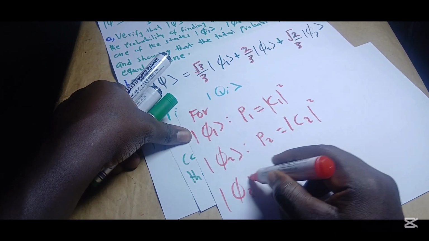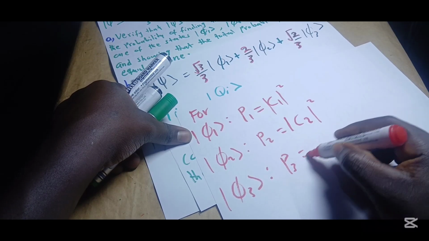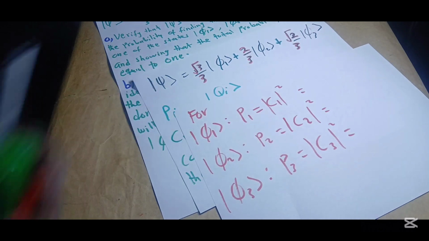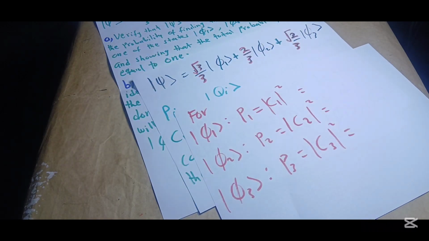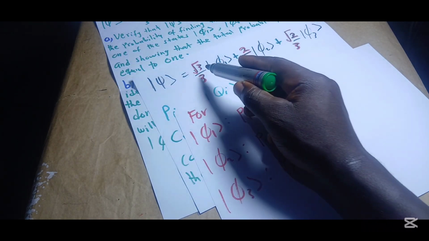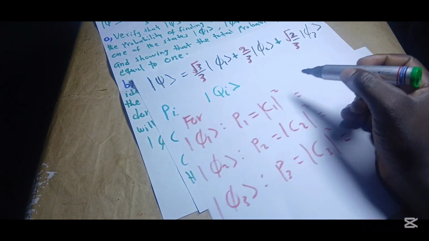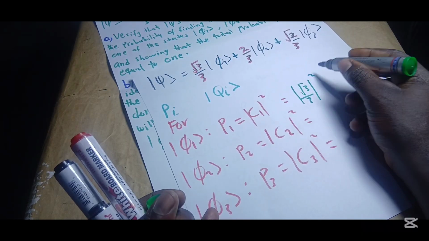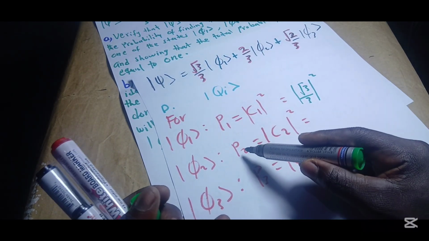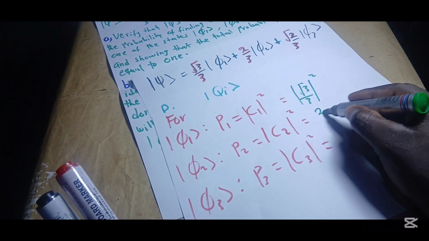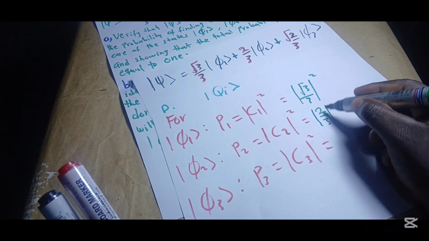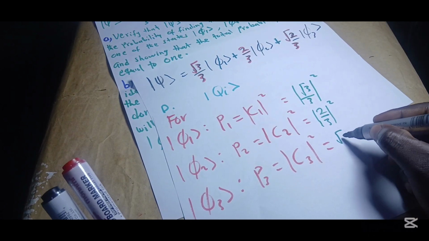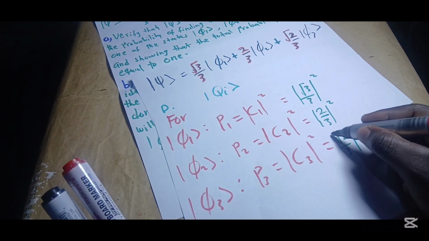For phi 3, P3 equals the coefficient squared. So now, what is the coefficient of phi 1? It is square root of 3 over 3. So square root of 3 over 3 absolute squared. What is the coefficient of phi 2? 2 over 3. So absolute 2 over 3 squared. What is the coefficient of phi 3? Square root of 2 over 3 absolute squared.